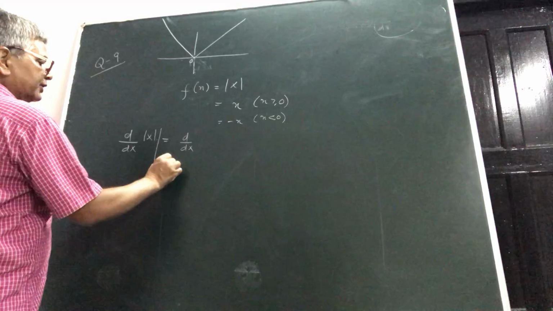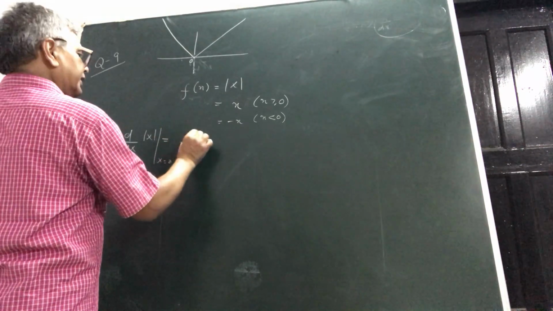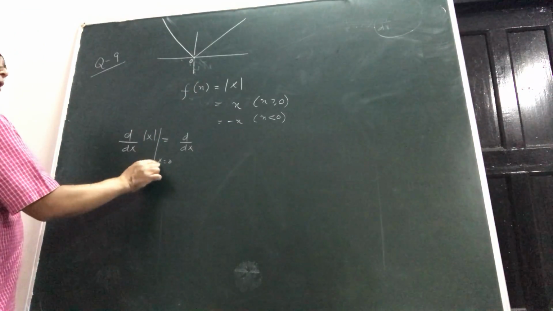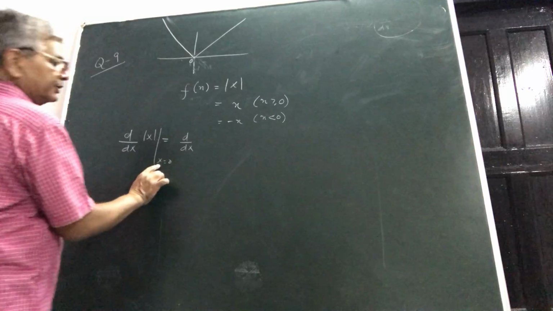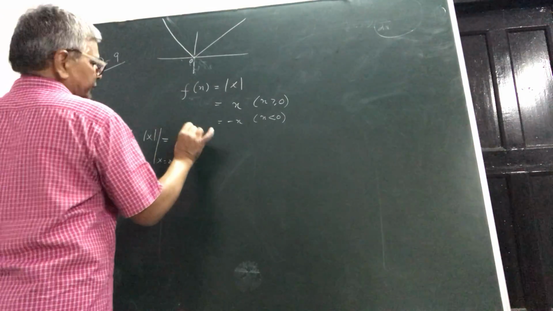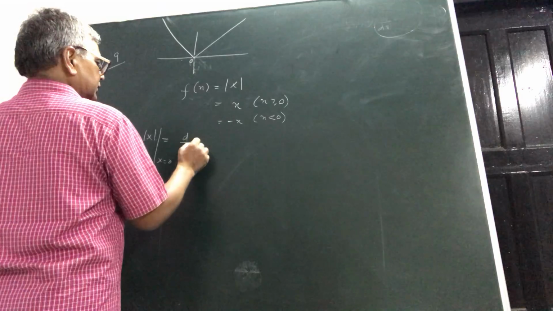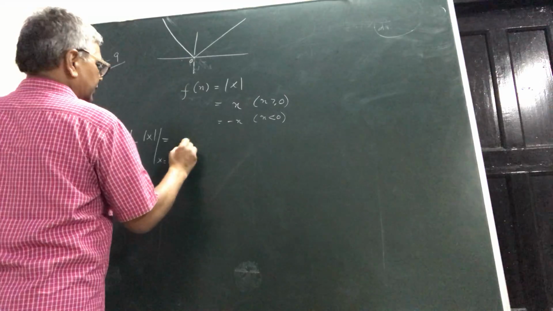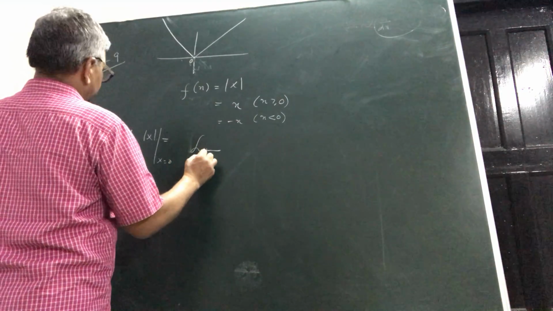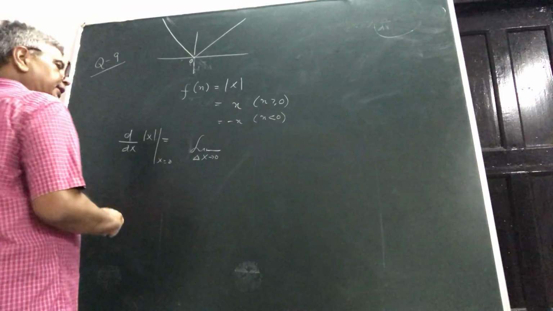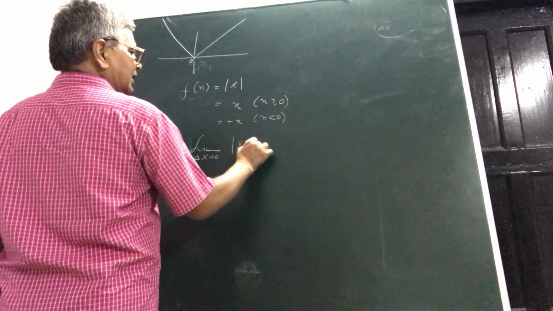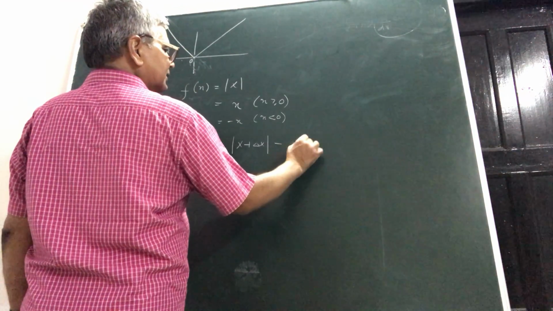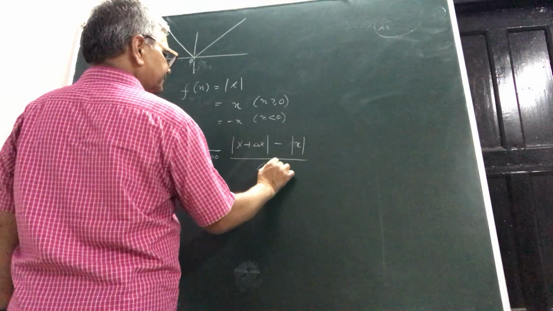See what I say, it is not differentiable at 0. So I will substitute 0 in place of x. d by dx of this is equal to the functional limit: limit delta x tends to 0 of mod of x plus delta x minus mod x, upon delta x.